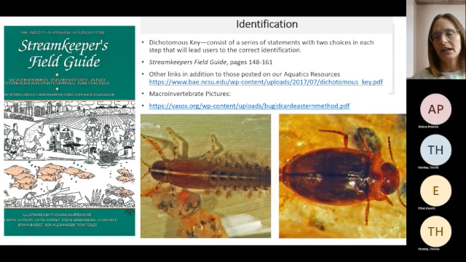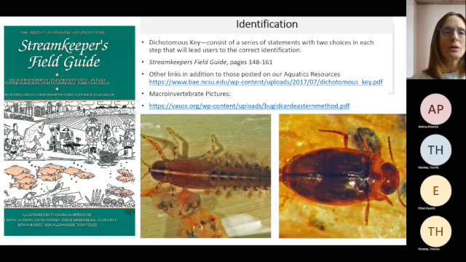And this field guide, again, you can contact Andrea, and she'll get a hold of Tina Harding, the other Aquatics member, and get you a free copy of the paper copy of the Streamkeepers Field Guide. If you don't already have one, I strongly suggest you get your free copy. It's just a really good overall aquatics resource. And the dichotomous key is on pages 148 to 161 of that.